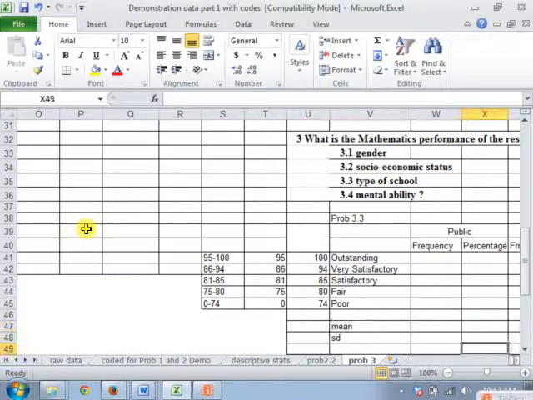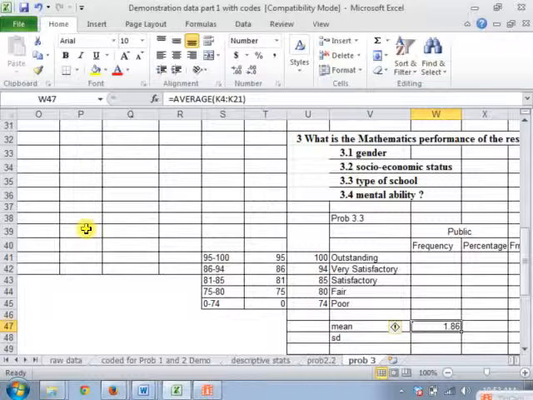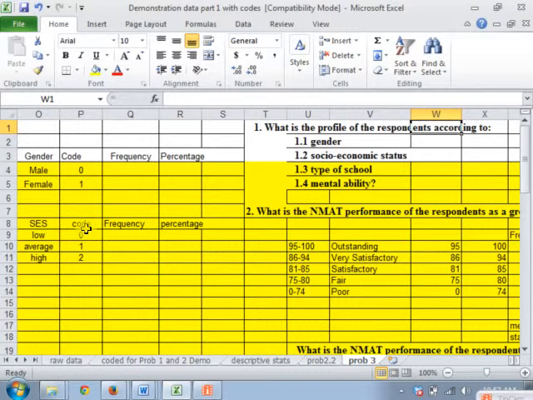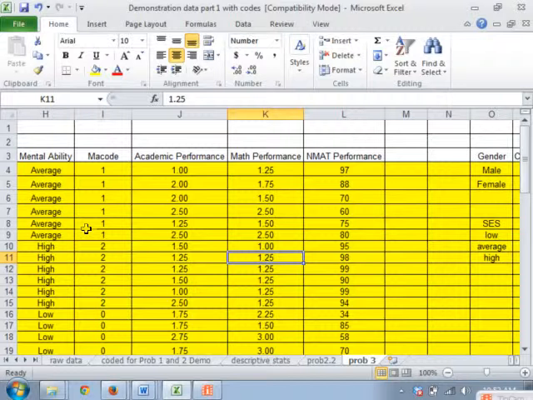So Jay said this is all that's needed, right? You just take the average of K4 to K21. That is the average. And the math performance, why is it 1.86? Then I got confused because outstanding was 95, which doesn't seem to be the same. Correct? Because earlier we copied the NMAT performance of that 95.